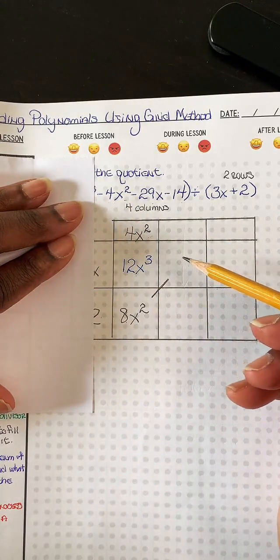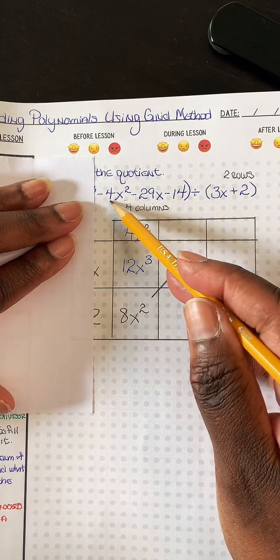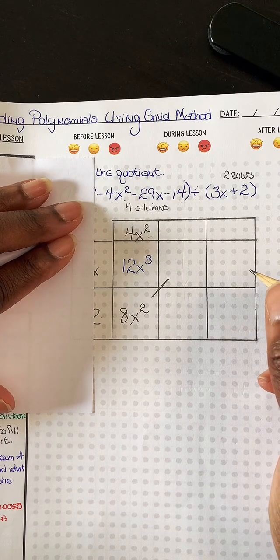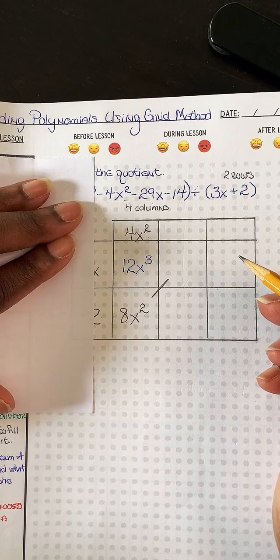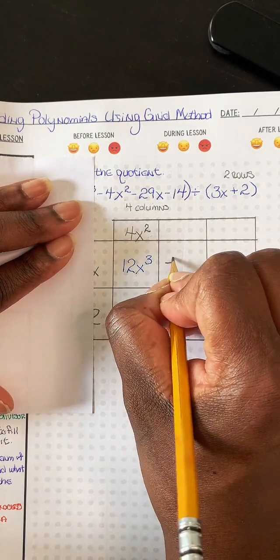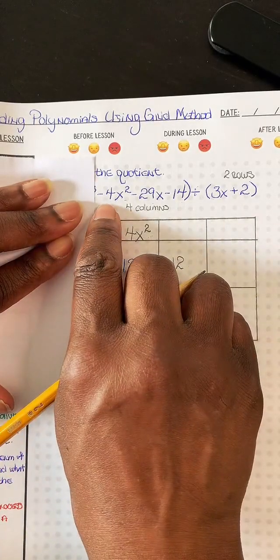So what plus 8 will give me a negative 4? Negative 12. Excellent. So negative 12 plus 8 gives me negative 4.